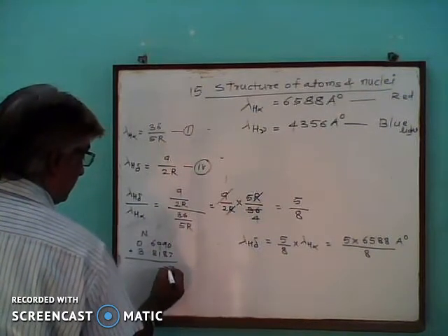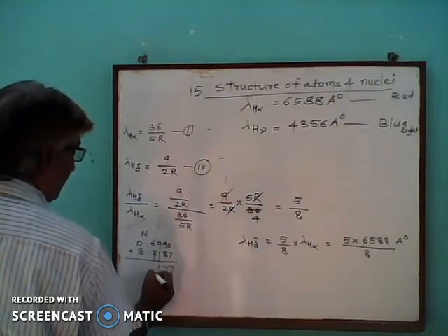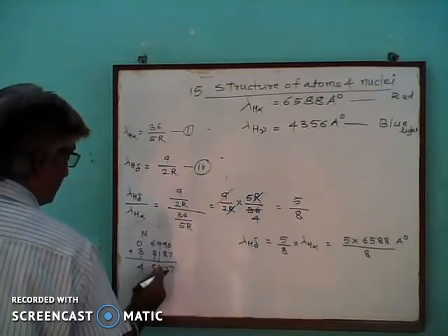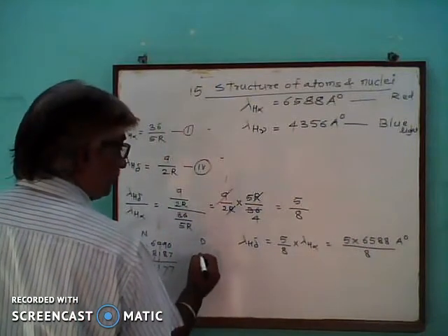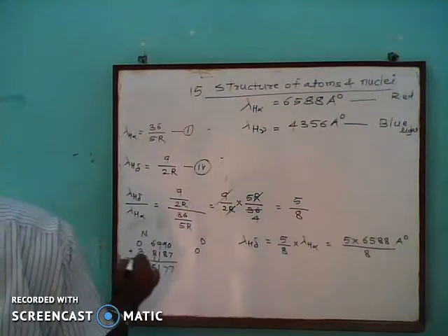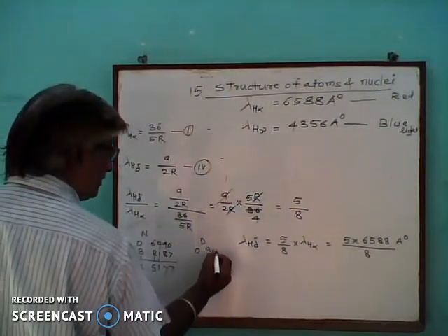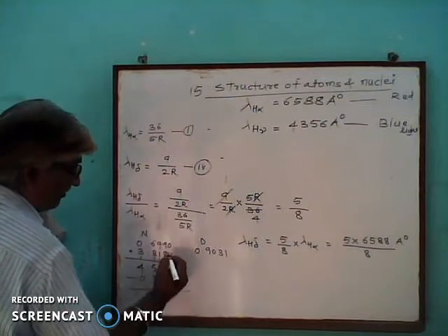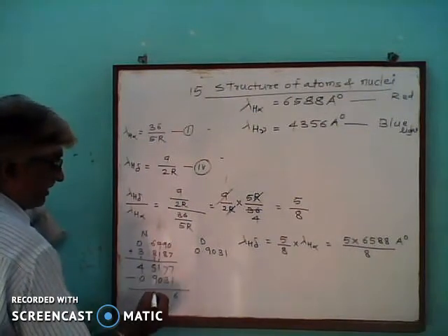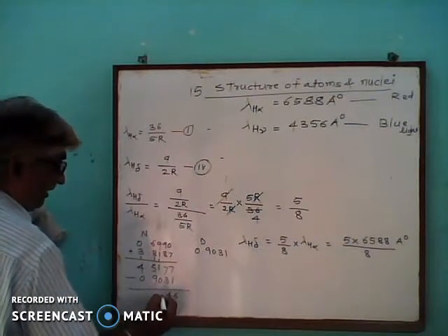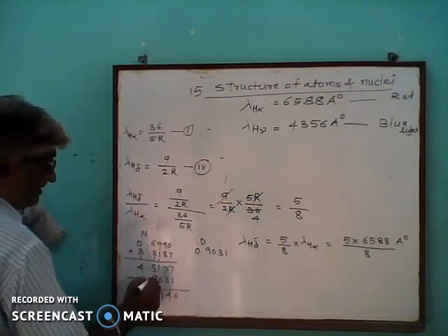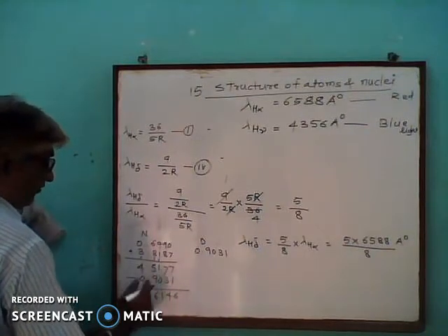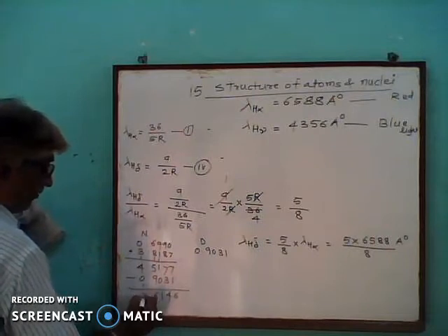Their addition will be 4.5177, and for the denominator the logarithm of 8 will be 0.9031. Subtracting 0.9031 from 4.5177: 1 subtracted from 7, 6 remaining; 3 subtracted from 7, 4 remaining; 0 from 1, 1 remaining; 9 subtracted from 15, 6 remaining; and 1 from 4, 3 remaining.